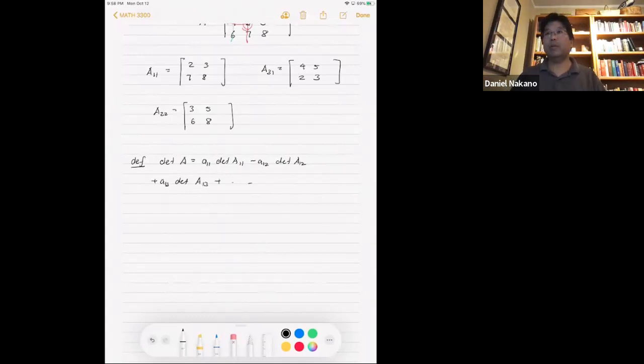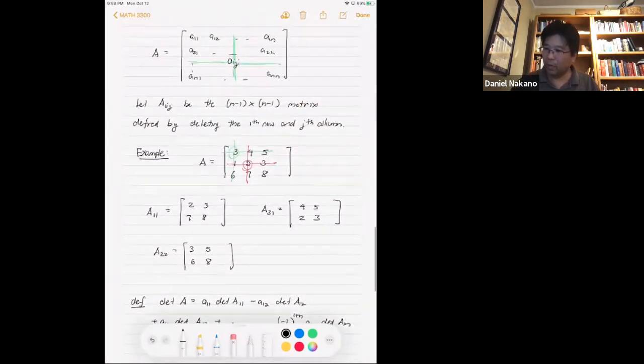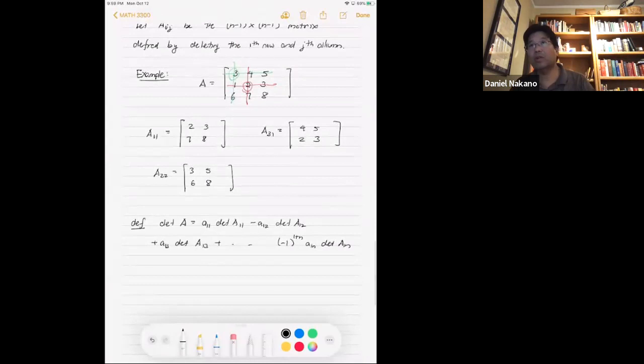So what I'm doing is I'm going along the top row and taking the determinant of all these smaller matrices. Okay, so A1n, determinant of A1n. So I'm taking the entries at the top over here, and then the determinant of the submatrices corresponding to taking out each of those entries.